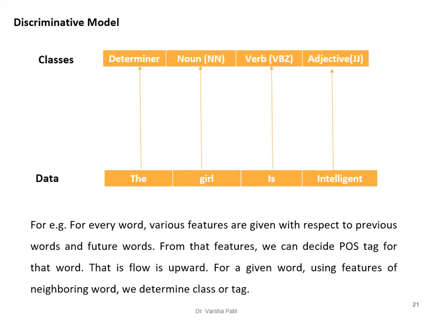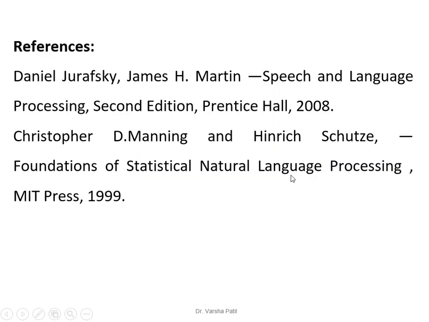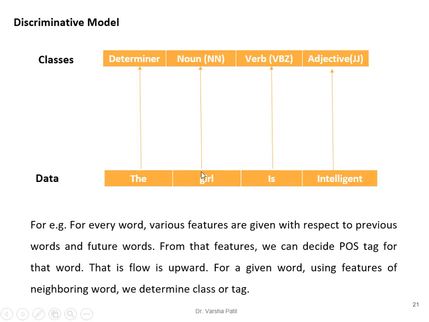When we solve problems on this topic, you will come to know that a lot of features are given with respect to previous words and future words, and from those features we can decide the POS tag for that word.